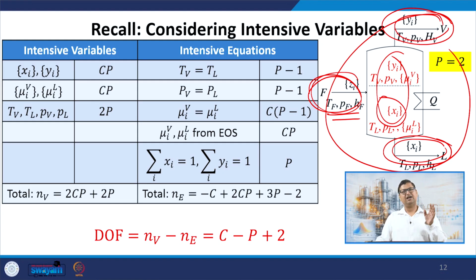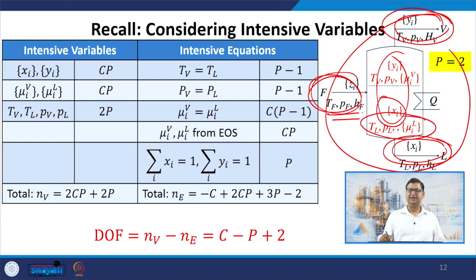Just like in the case of a CSTR for chemical reaction, where the concentration inside the CSTR was the same as the concentration at the exit. In a similar manner here, the vapor phase composition, temperature and pressure will be the same inside the separator and in the stream going out, but it can be different in the feed stream. And the same is true for the liquid phase.